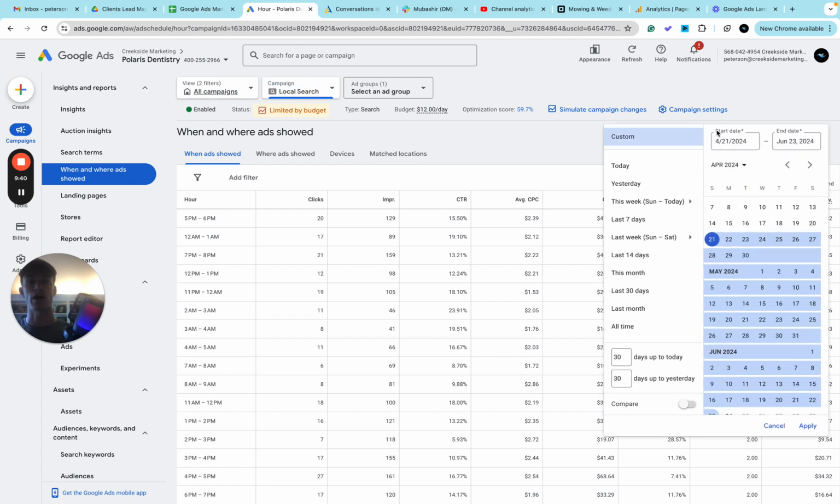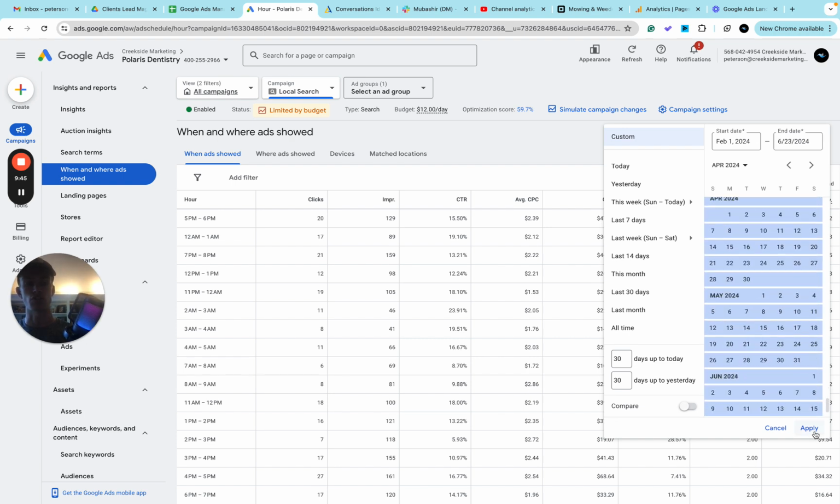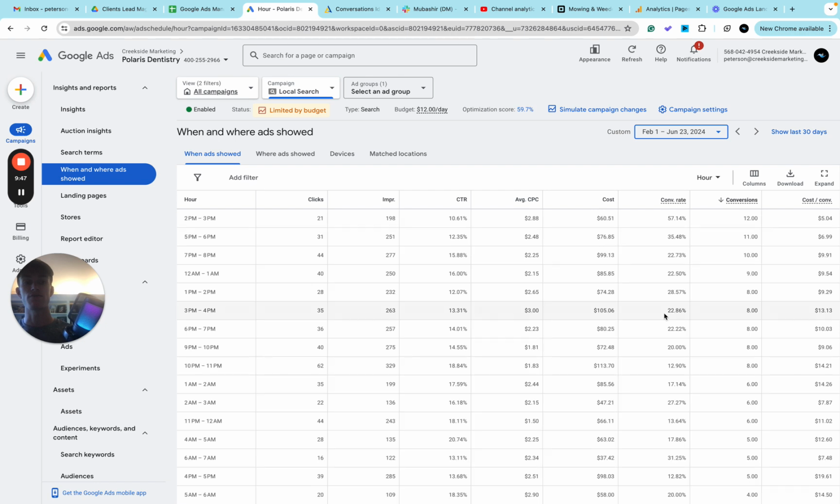But as an example, I just want to be able to show you that you can go back a few more months in order to get more conversion data if you haven't made a ton of adjustments over the past few months.